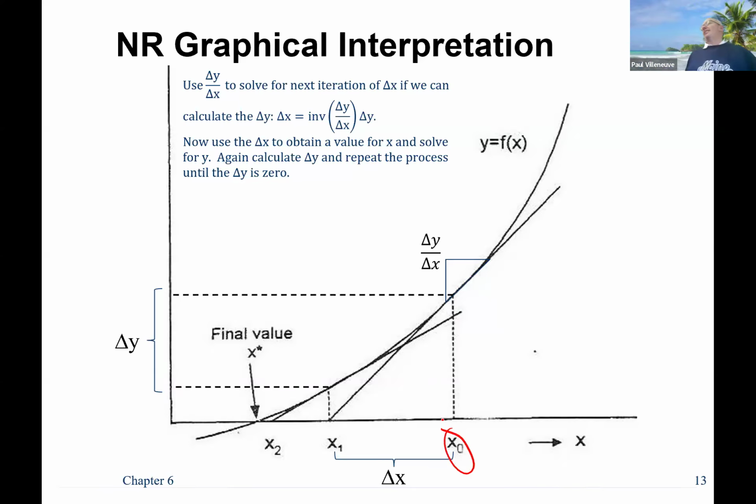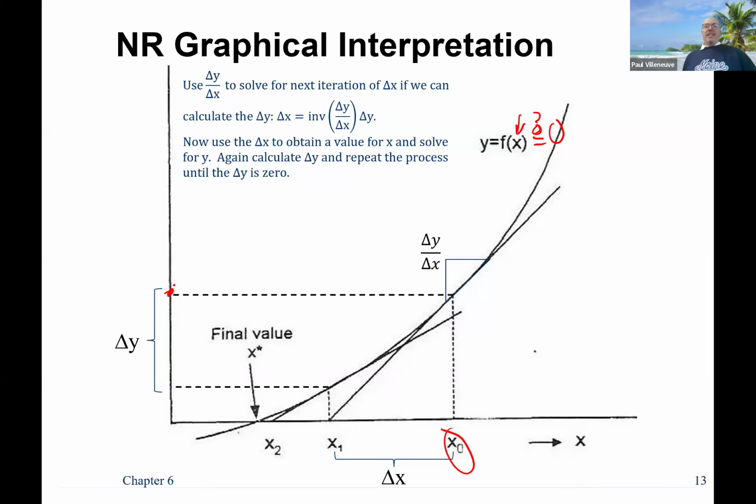That's my guess. I have to start off with a guess. I have no idea if that's right, but I hope it's relatively close. Then I plug it in here and ask the question, does it equal 0? In this case, it does not. It's way beyond 0.